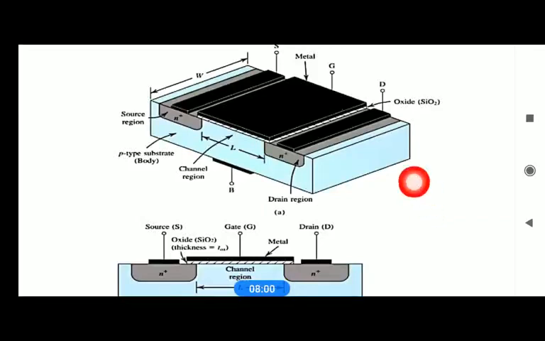So here you can see the metal of the gate forms one plate, and downside it forms one more plate, right?